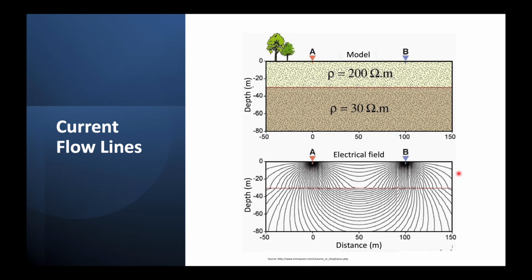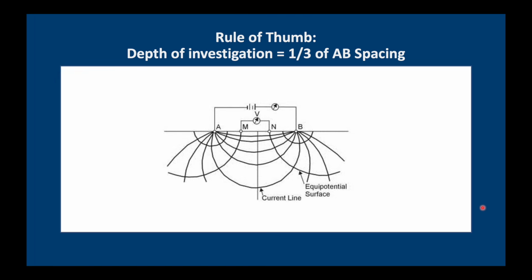The reverse is true. When the surface layer is more resistive, the currents try to get through it as quickly as possible, so they generally go downwards to find a more conductive layer at depth. Now, the rule of thumb is that we should have a depth of investigation which is about 1/3 of the AB spacing.